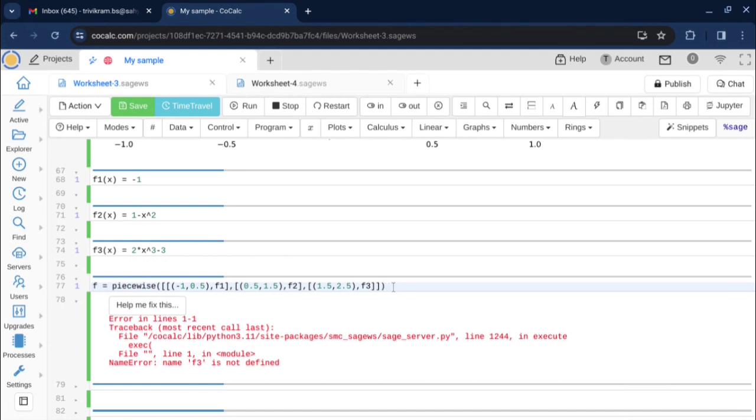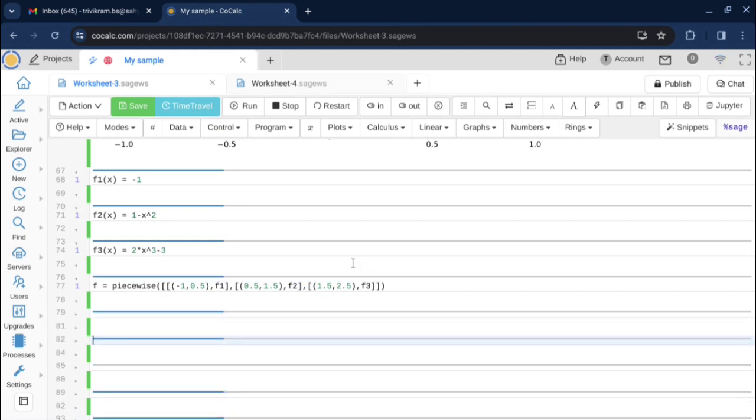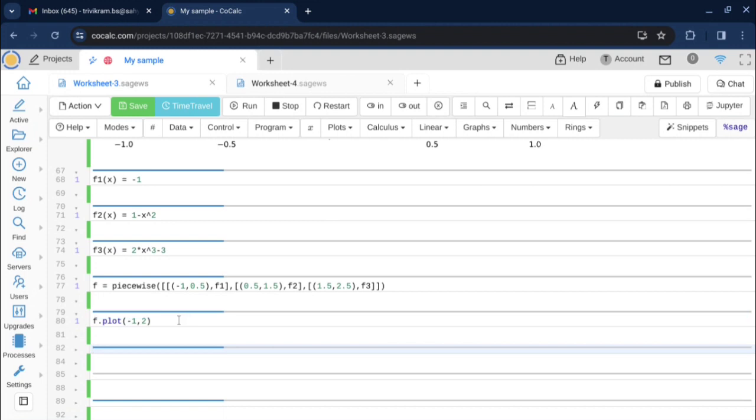F3. So it is defined now. Now I am going to plot f function between the points minus 1 to 1.